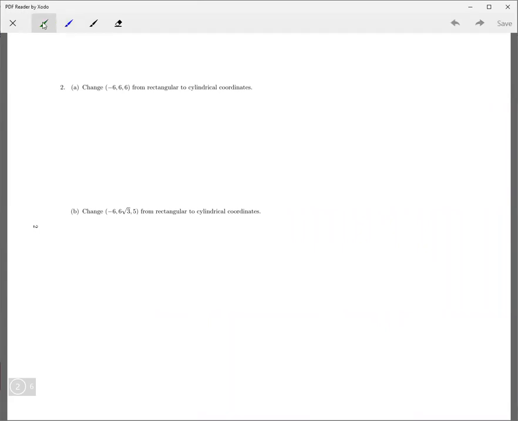Okay, so the second one is to change this from rectangular to cylindrical coordinates. So what you can do is look at just the two-dimensional aspect of it, and just take the first two numbers.